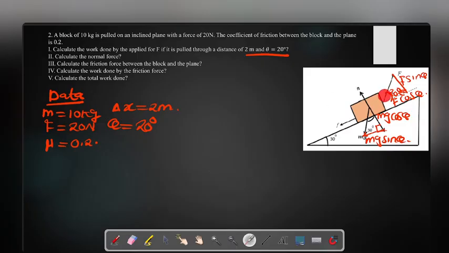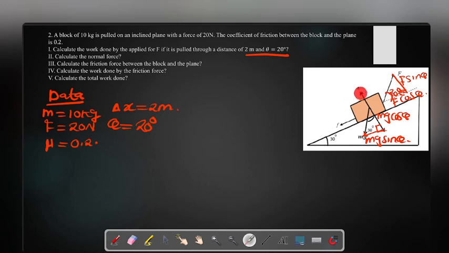So the force is being applied at an angle, so it has two components, the x component and the y component. As this block is being pushed up the inclined plane, we have the friction force indicated here, which will be trying to pull this block down the inclined plane.